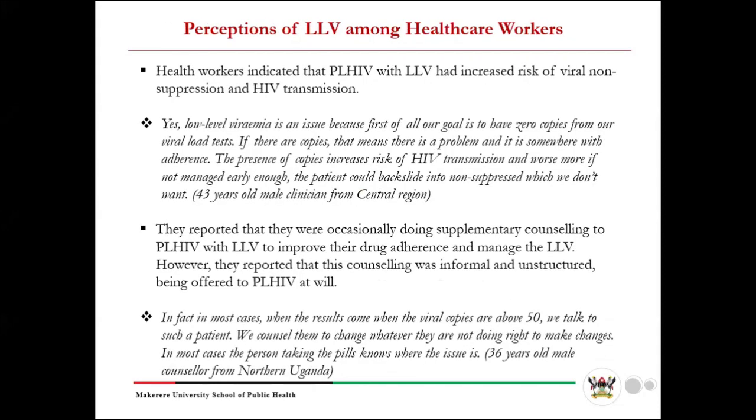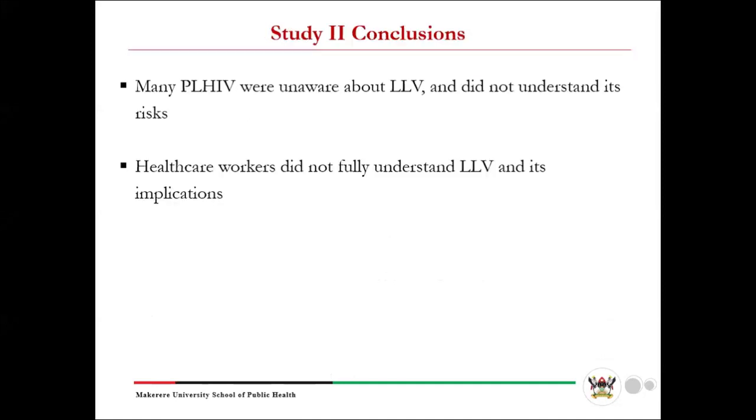And of course, they indicated that people living with HIV having low-level viremia had increased risk of virologic failure and HIV transmission. And they say that if someone has low-level viremia, sometimes they counsel them to continue taking their drugs very well, and at other times they don't counsel them. So the counseling was very informal and unstructured.